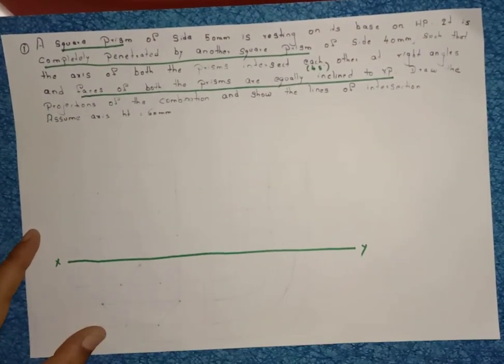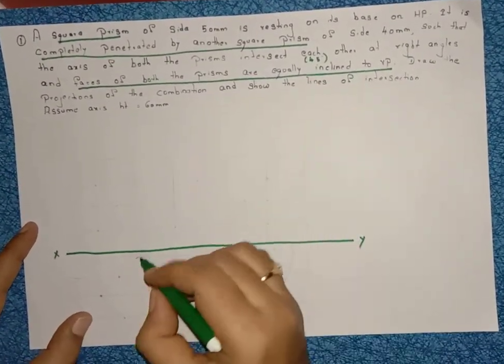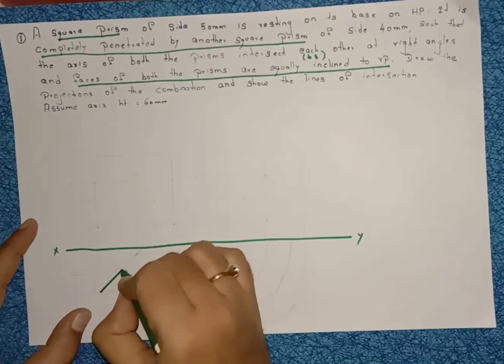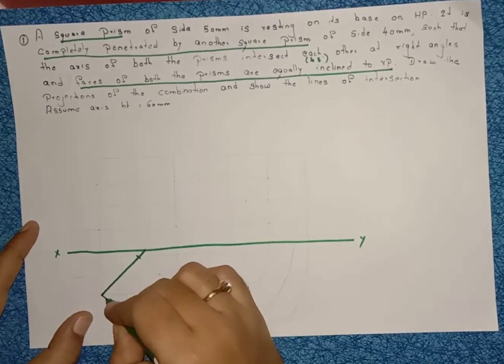First draw the reference line XY. Equally inclined means 45 degrees, so take a 45 degree angle, leave a 5 mm gap, and construct the square.